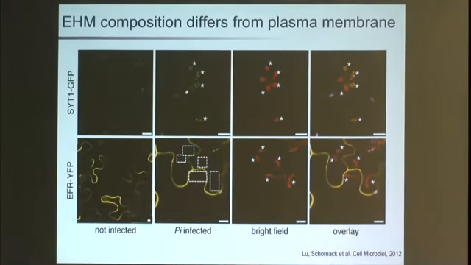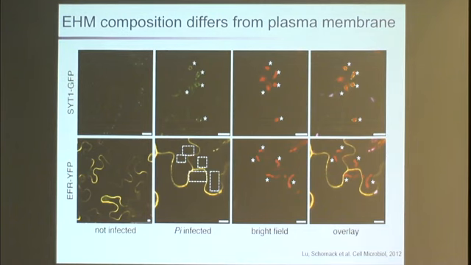We have been studying this membrane, the extrahaustorial membrane, the membrane surrounding the haustorium, for some time. We know that they are quite different. They have different composition. For example, a protein called synaptotagmin accumulates around these haustoria. These red parts are the haustoria, this digit-like structure that you can see infecting the cells.